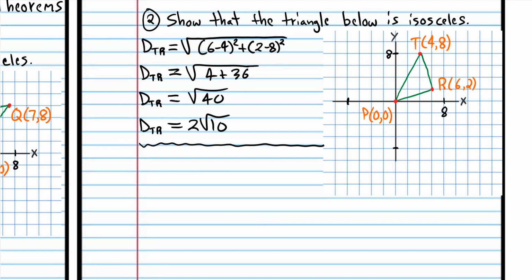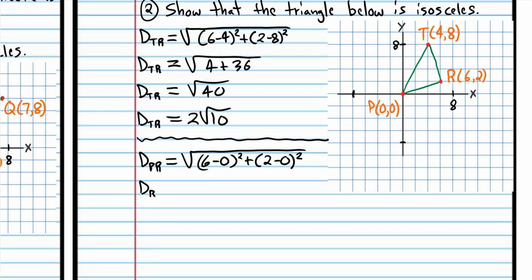Now we have to show the distance between, we have to find the distance between P and R. So distance between P and R, I'm making P (0, 1). So we have (6 minus 0) squared, (2 minus 0) squared.